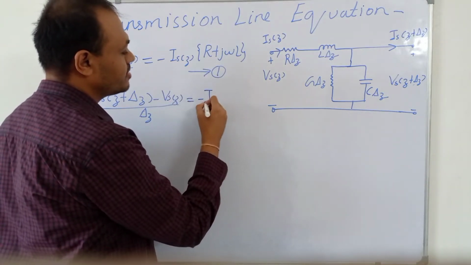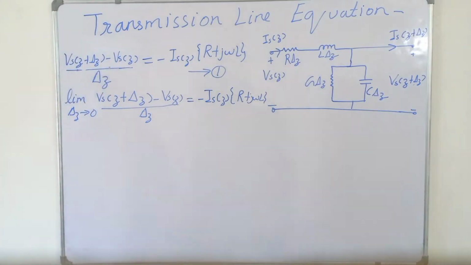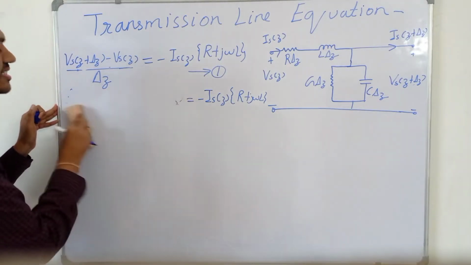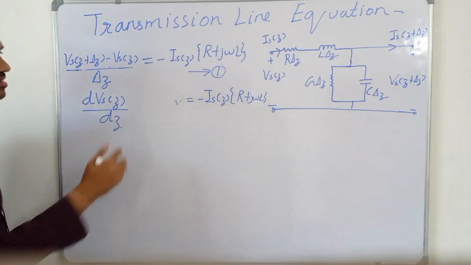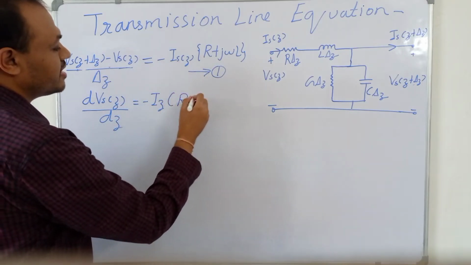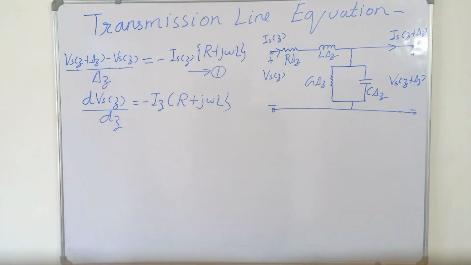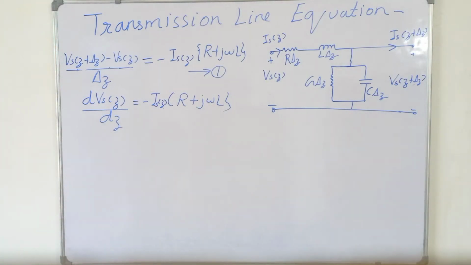So we can write minus Is of Z into R plus j omega L. This is nothing but the formula for differentiation, so we can also write it as dVs of Z upon dZ is equal to minus Is of Z into R plus j omega L. So this is the first equation.